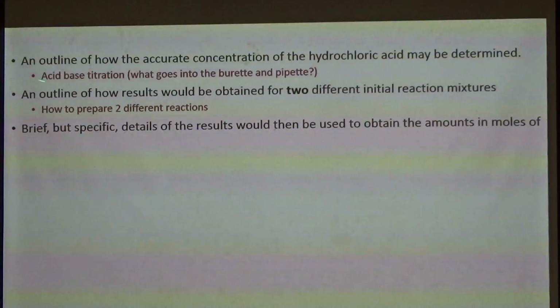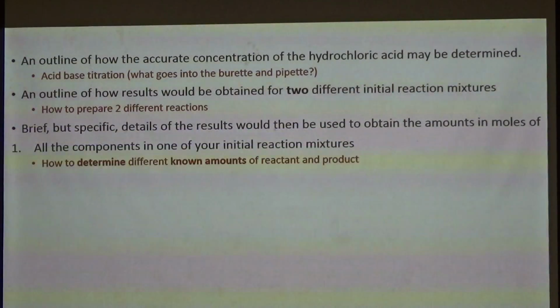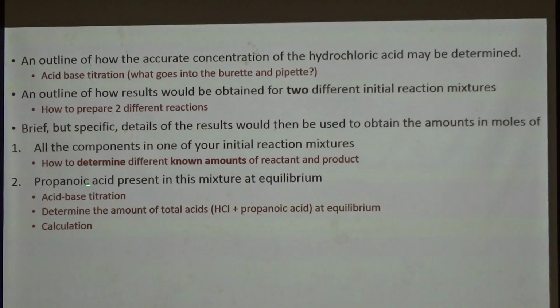Third, it's a bit long, there are many things that you have to do. All the components in one of your reaction mixtures. How to determine different known amounts of reactants and product. Propanoic acid present in this mixture at equilibrium. You will also need to do acid-base titration because you need to determine the total amount of acid present at equilibrium.